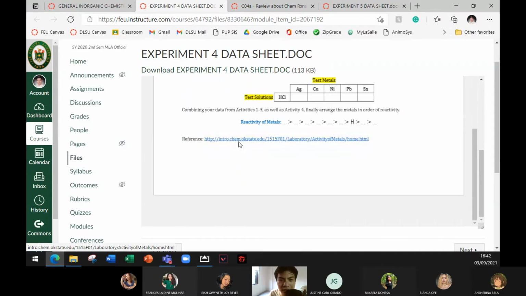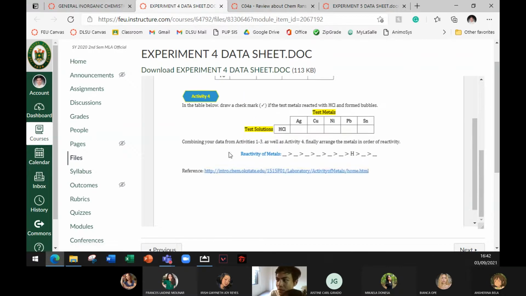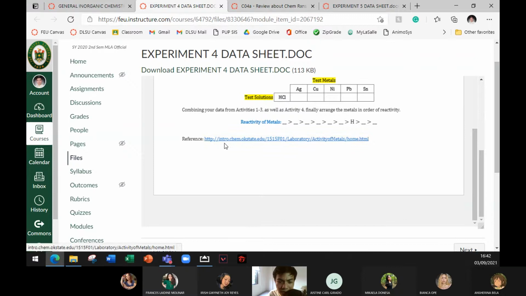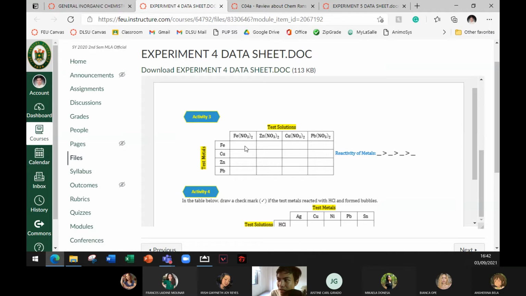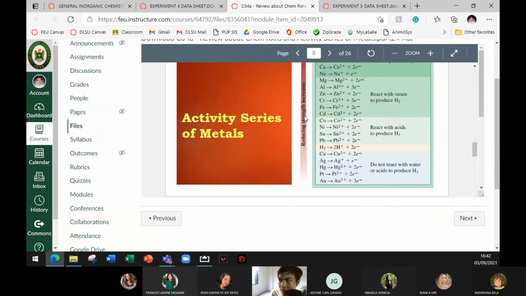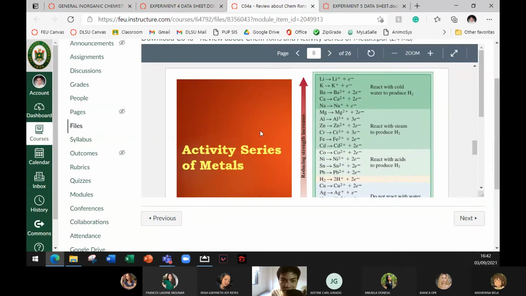Dito kasi sa link na to, dati gumagana to, before tanggalin yung Flash sa buong internet. Lately lang kasi tinanggal yung Flash. Before, gumagana tong link na to, may mga solution doon, tapos paghahaluin mo sila. Pero since hindi na gumagana, all we can do na lang is to rank the metals based on the reactivity table or the activity series.